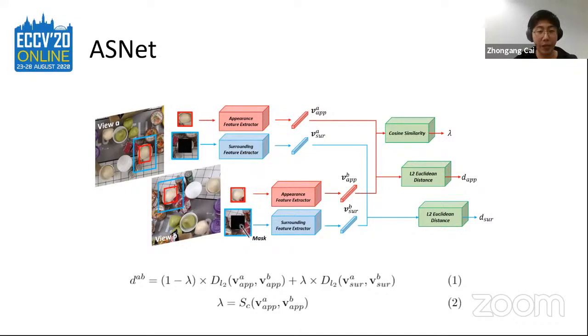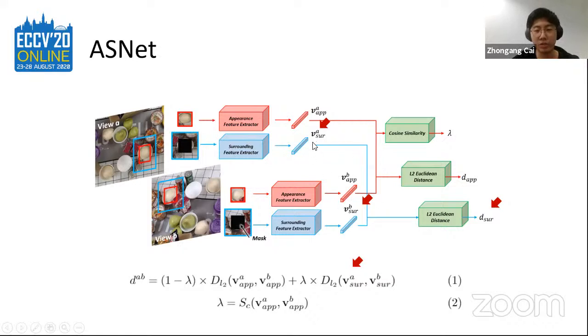First of all, we will have the appearance feature extraction branch. Here, we use a deep learning backbone to extract the features of the object itself. We call it VA appearance, and also here we have view B, we call it VB appearance. So these are two feature vectors. For the surrounding region, we mask out the object itself and ask the network to extract features from the surrounding region.